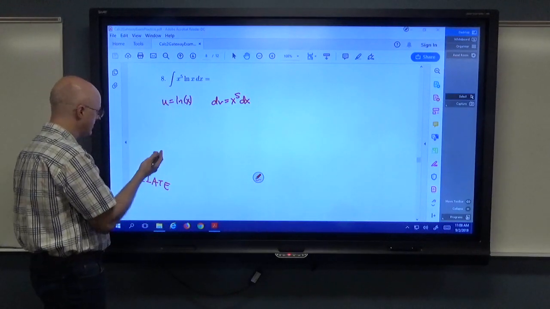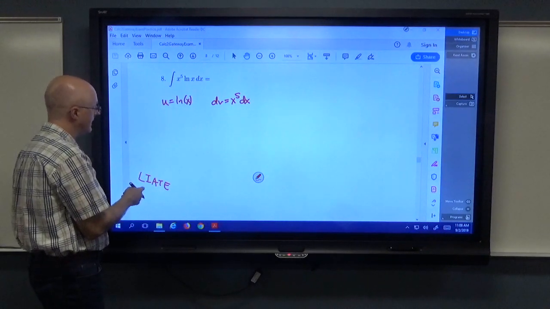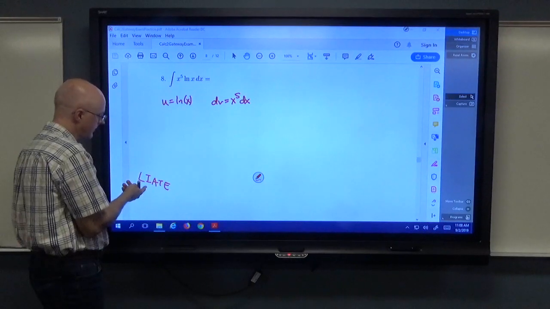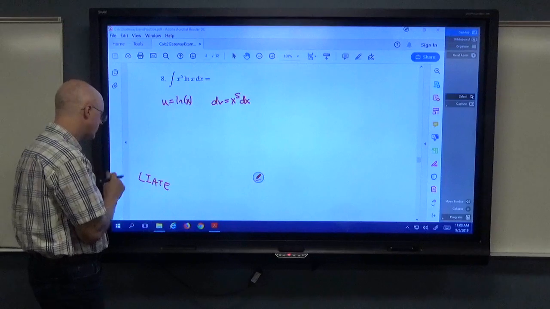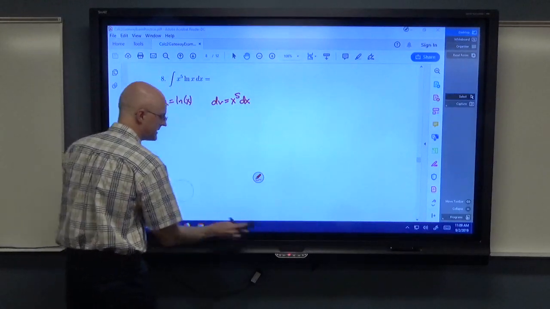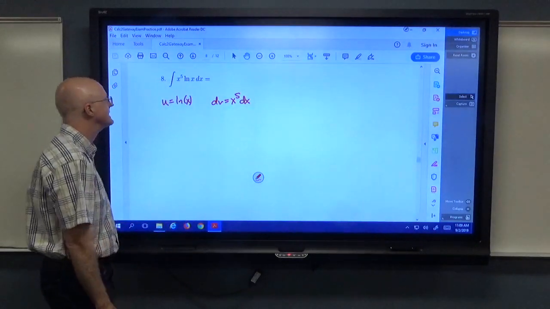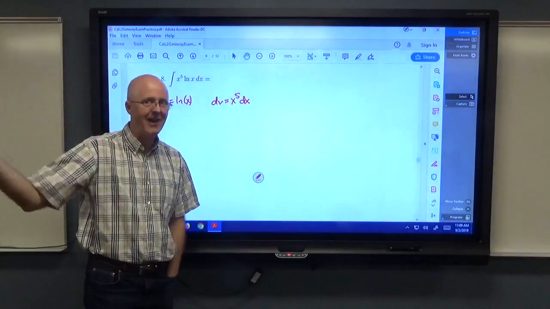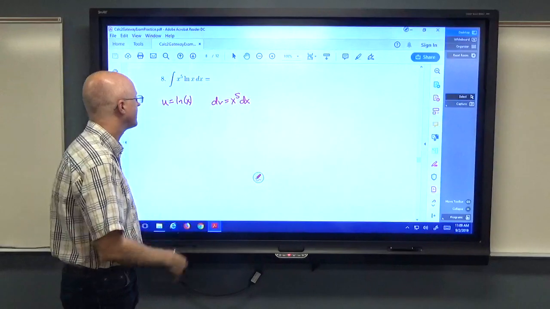If you got a logarithm or an inverse function like a natural logarithm, or an arcsine or arccosine, that's what the A stands for. That's the order of priority as far as what to let u be in many situations when you've got those functions. Not guaranteed to work always. And in fact, like in the last problem, I let u equal 3x plus 5, and that's a more common kind of problem actually.